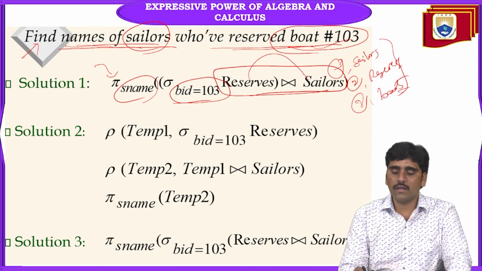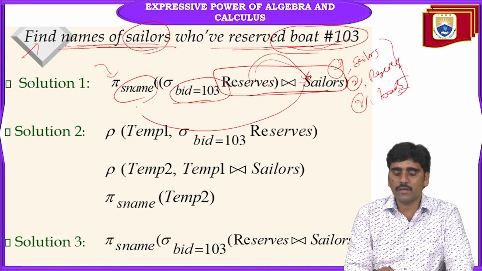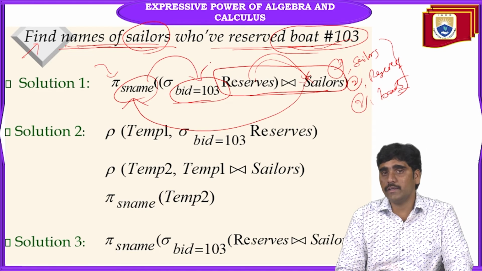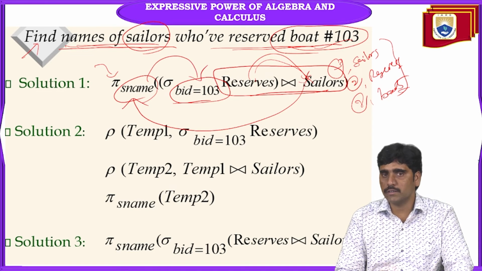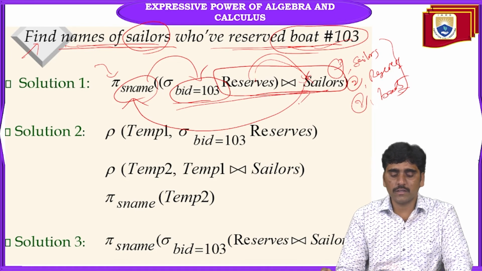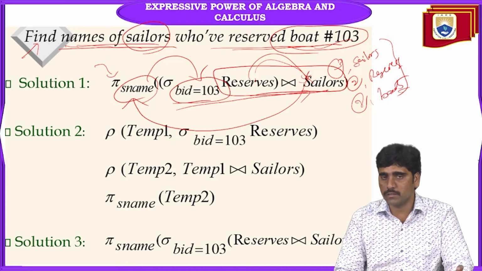So these two are the tables, and from these two tables I am going to retrieve the names on what condition? On BID, boat ID equals to 103. So this is the way we can represent the join condition in the relational algebra.